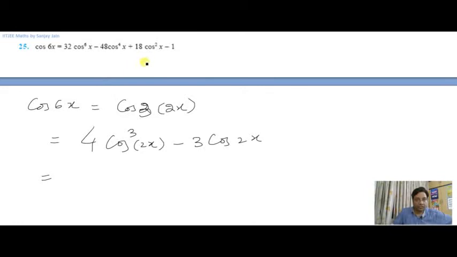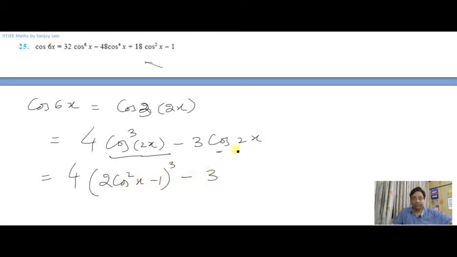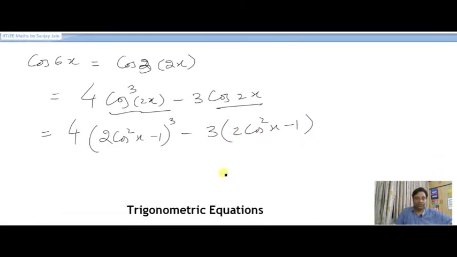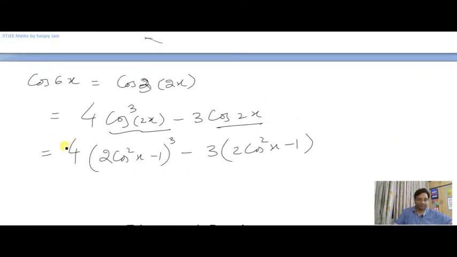We want the expression on the right hand side which is all in cos. So for cos 2x, let me write it in the form of cos only. 2 cos square x minus 1 cubed minus 3 into, let us write it as 2 cos square x minus 1. Now I think if you solve it, you will arrive at the required equation.